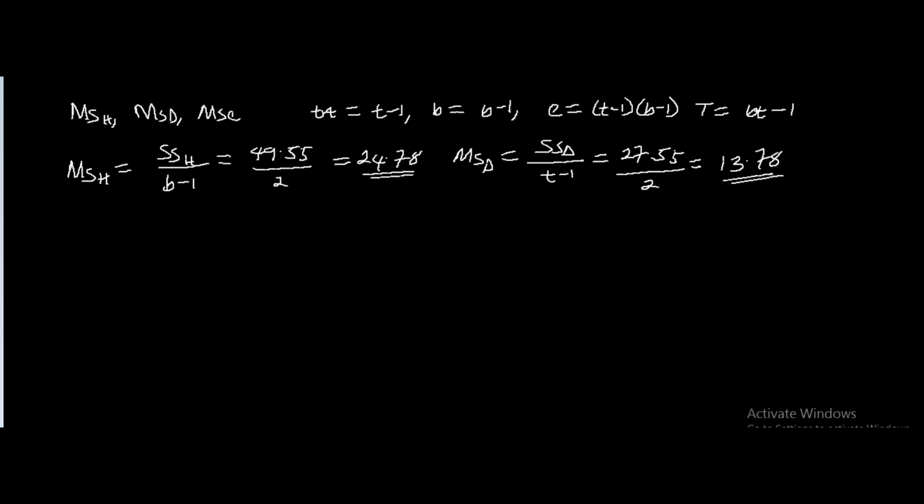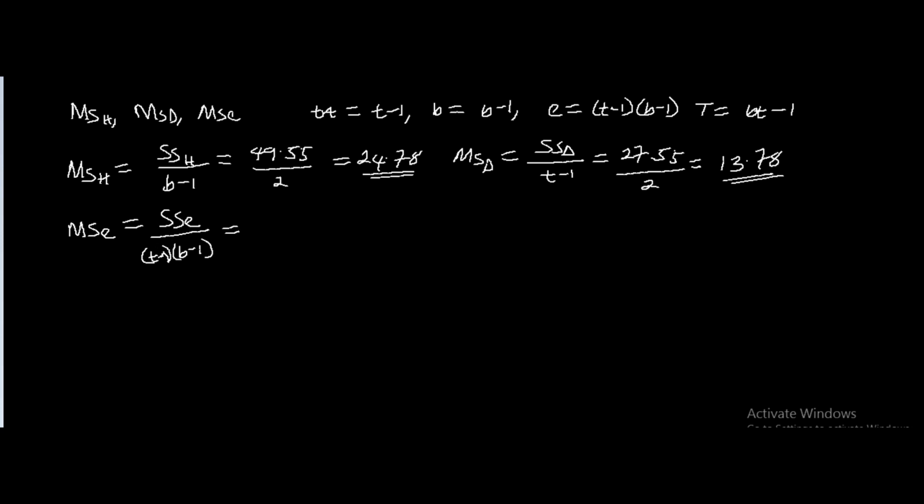So quickly let's look at our MS error now. MS error is going to be SS error divided by T minus 1 times B minus 1.